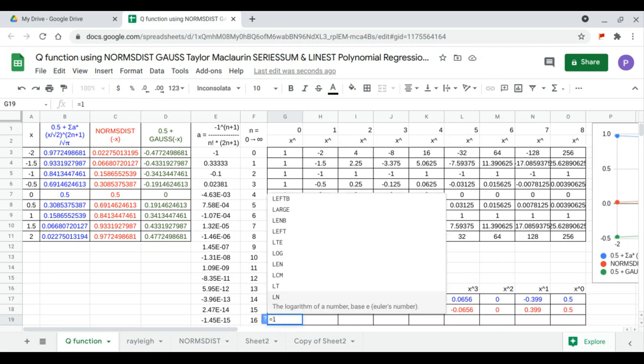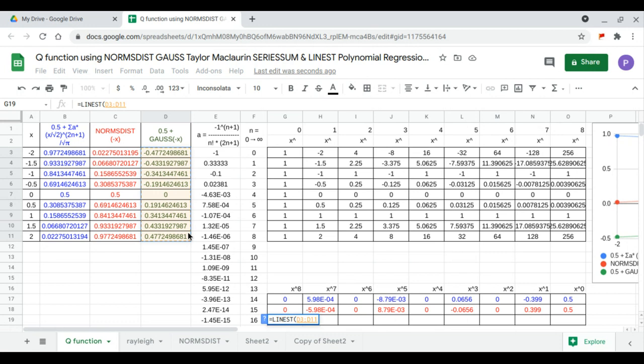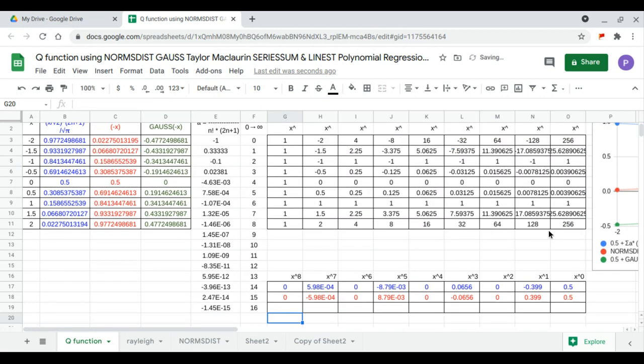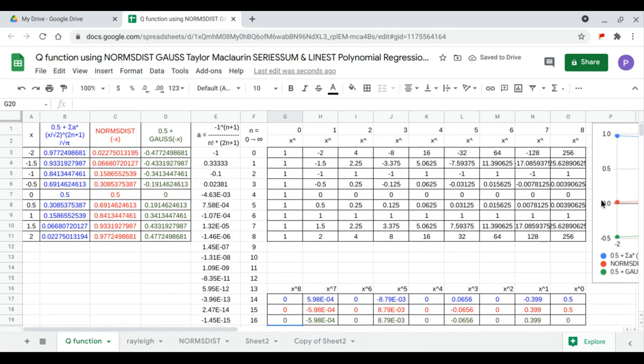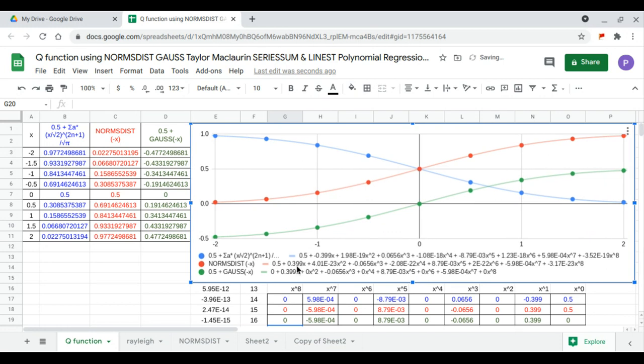LINEST data y and data x. Now we have the polynomial regression coefficients, and we'll match this.